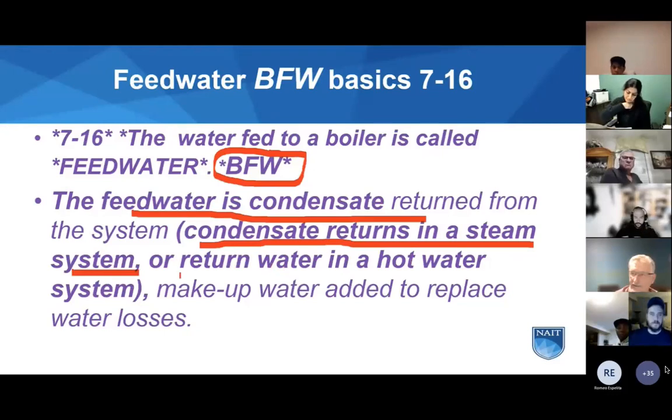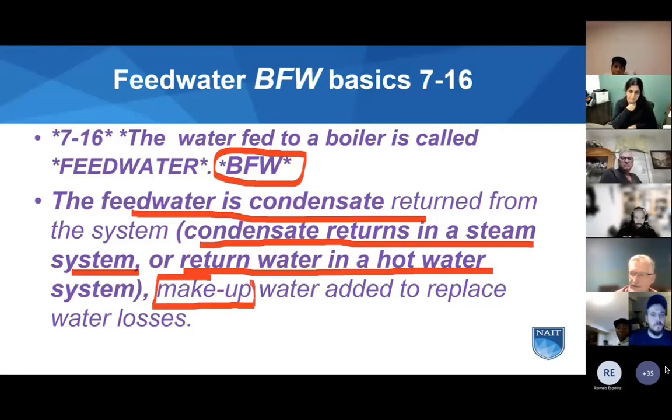If it's a hot water system, we call it return water. If we call it makeup water, it's additional supply, generally that city water tie-in to replace any excess losses outside of what we're returning to the system.